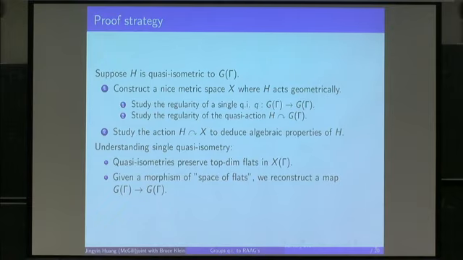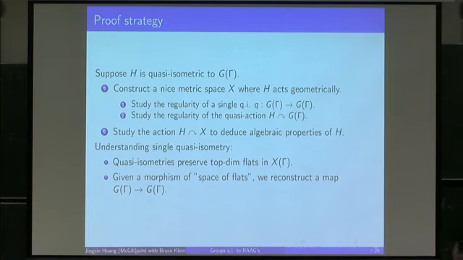A quasi-symmetry induces an automorphism of the Tits building at infinity, and then there's a result of Tits saying that if your building is thick and its rank is greater than or equal to 3, then any automorphism of the boundary comes from an automorphism inside. This is what I mean by reconstructing a map.